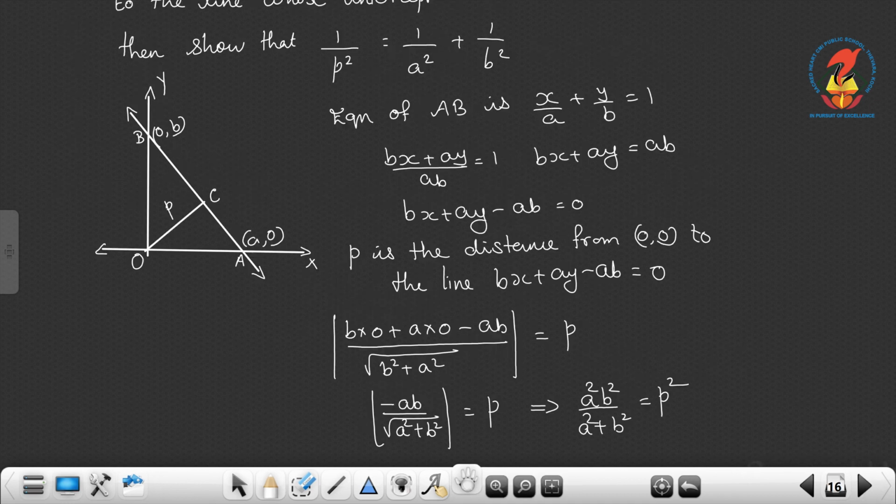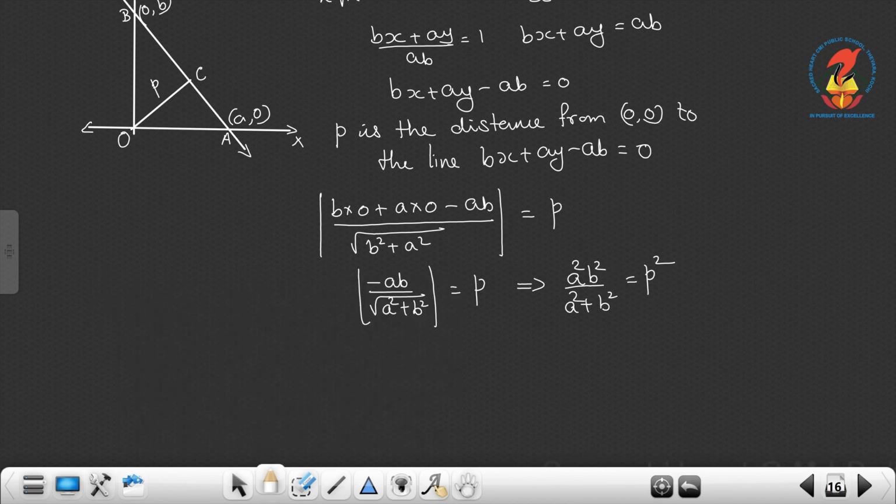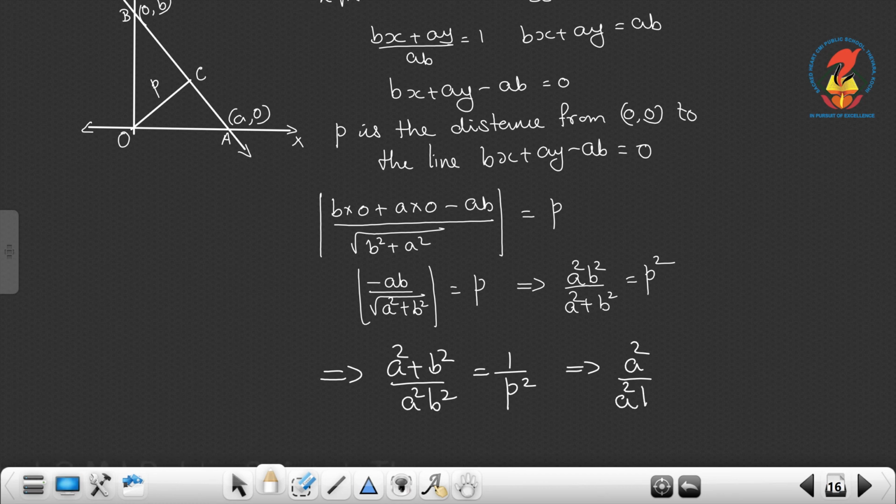But the question is not like this, it is 1 by p square. We have to take the reciprocal. Taking the reciprocal, the left side we can split and divide: a square plus b square by a square b square is equal to 1 by p square. The a square cancels, b square cancels.